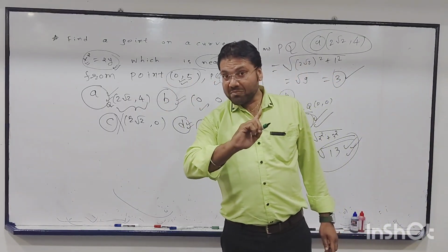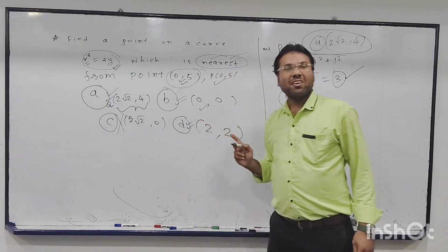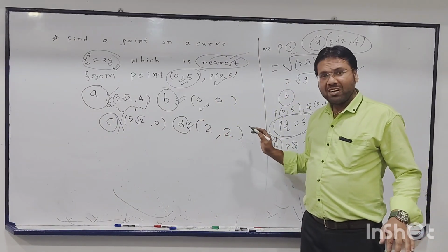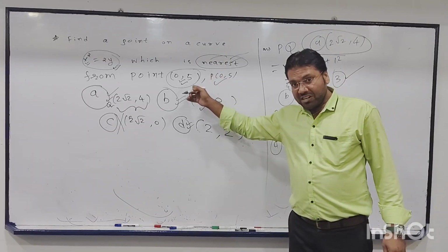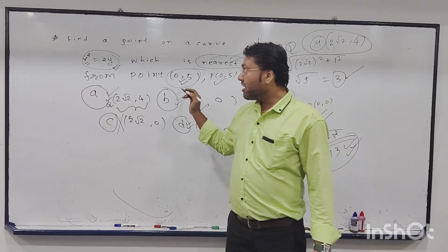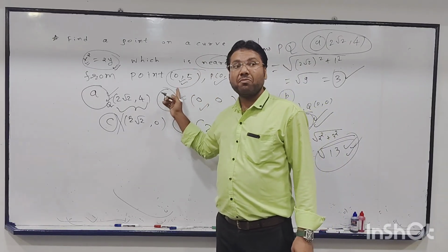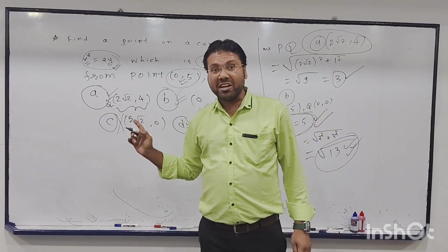So in that case, your answer should be option B. Right? So I am repeating once again. If the point is nearest to (0, 5), the answer is option A, friends. But if I change it like this, the point is far away from (0, 5), then option B will be correct.